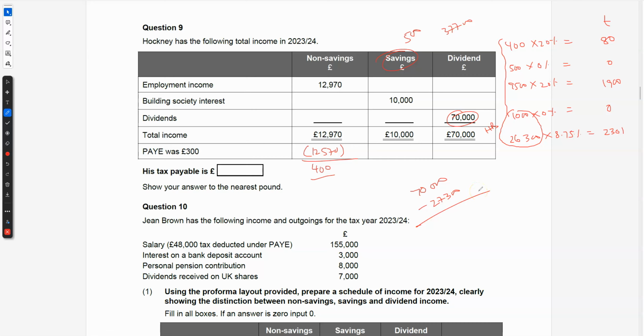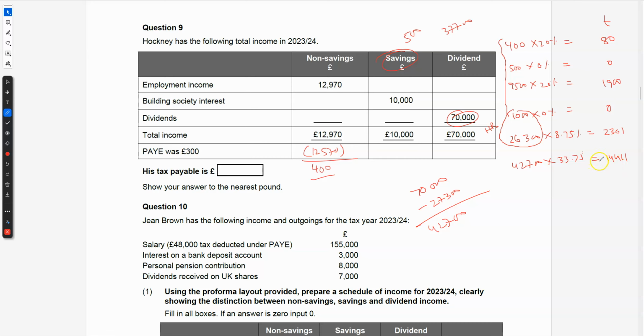So I need to see how much we have left for the dividend. So 70,000 minus 27,300 gives me 42,700, and that falls on the higher rate. So 42,700 multiply the higher dividend rate, 33.75%, and that is 14,411.